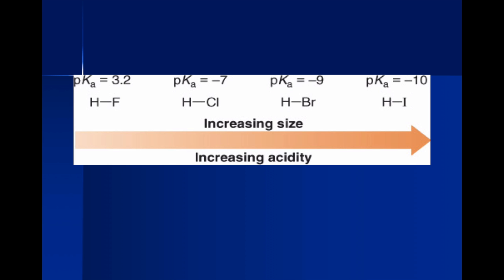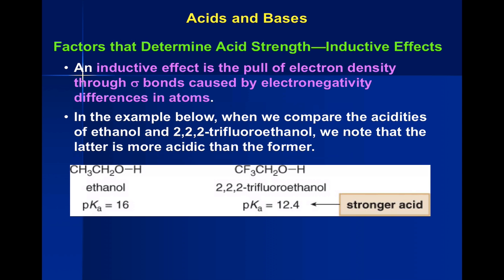That's just slightly more acidic than some acetic acid derivatives, so it's slightly more acidic than vinegar. HCl is strong, HBr is strong, HI is strong, but they're not all identical. HI is the strongest acid in the family.